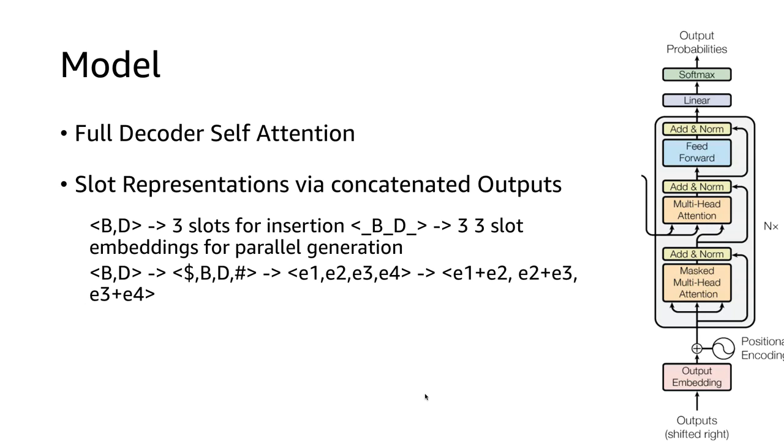Since we discussed the transformer decoder, we can think about how the transformer decoder itself is changed to accommodate these new principles. In the transformer you have a masked multi-head attention, whereas in this case you would have a full decoder self-attention. Why is that the case? In the case of the transformer as well as recurrent neural networks, you have hidden states which can be reused at every time step.